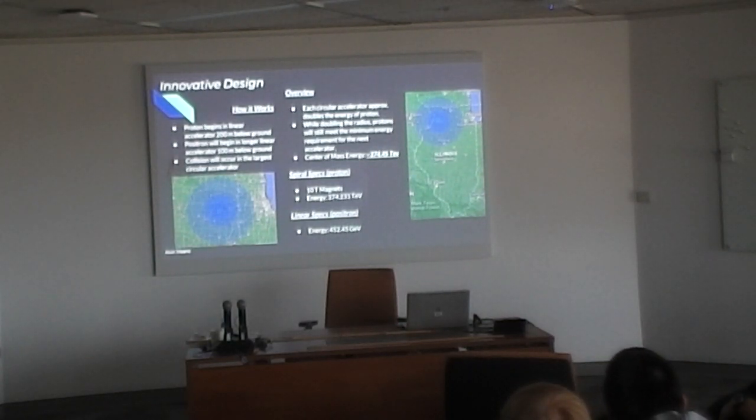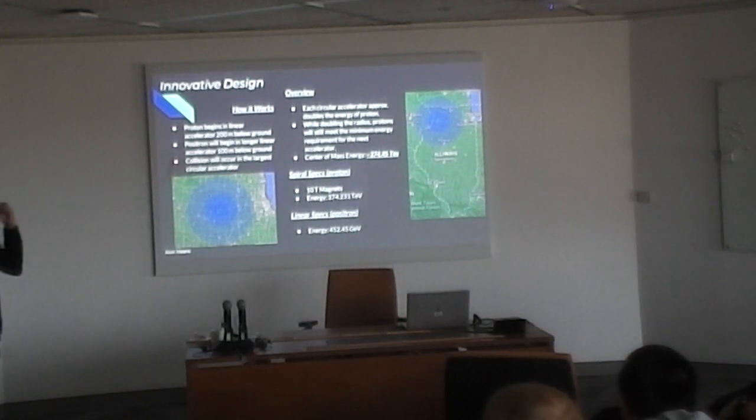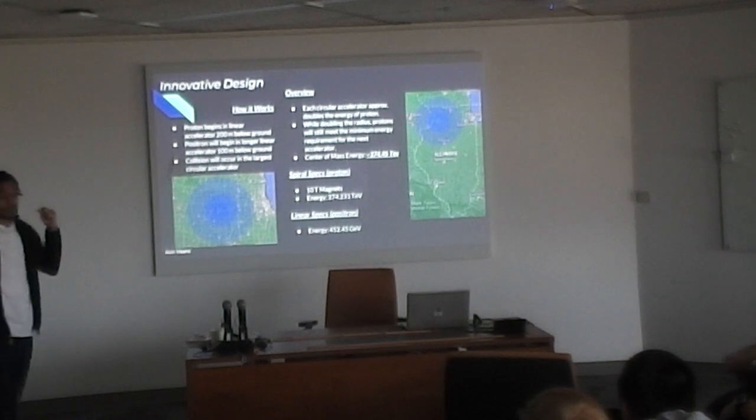The positron source sends positrons, of course, to the linear accelerator, and they collide in the largest circular accelerator, which is 125 kilometers in radius, giving a center of mass energy of about 374 tera-electron volts.